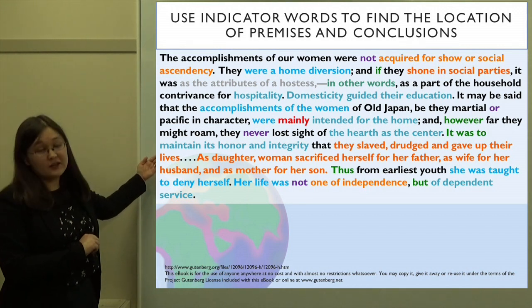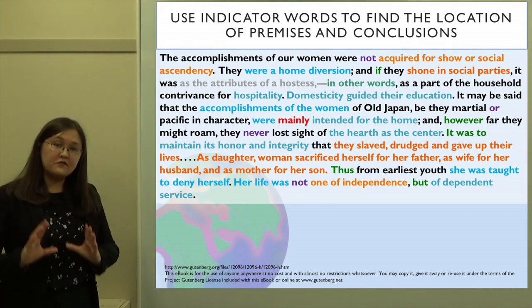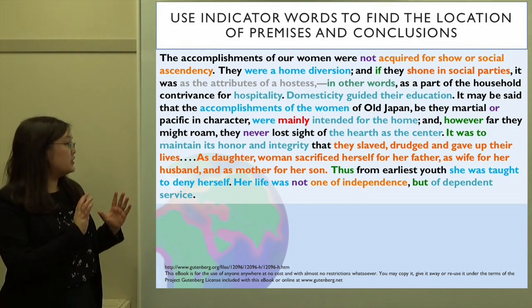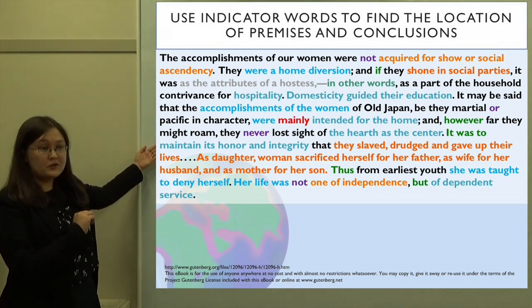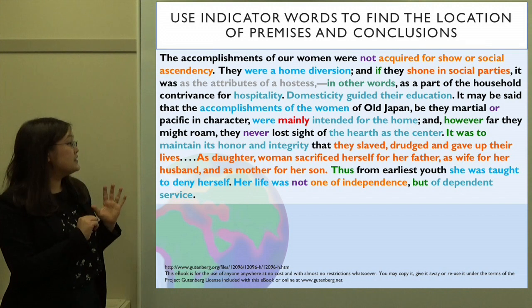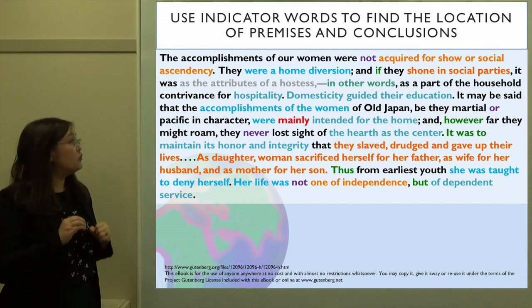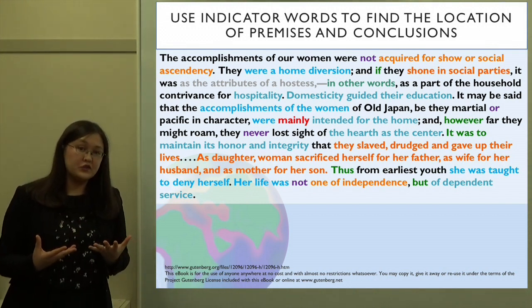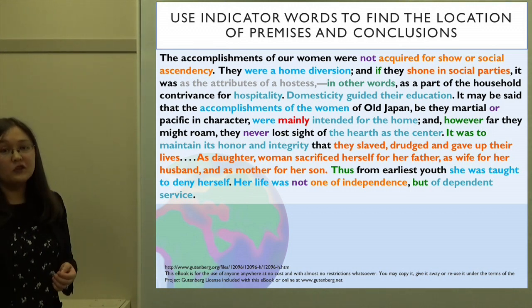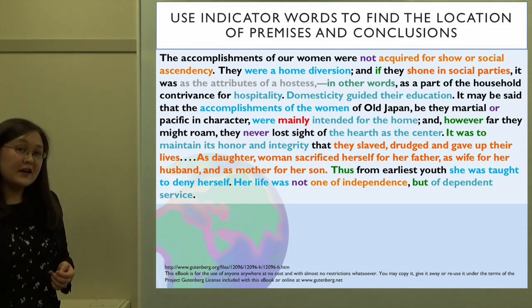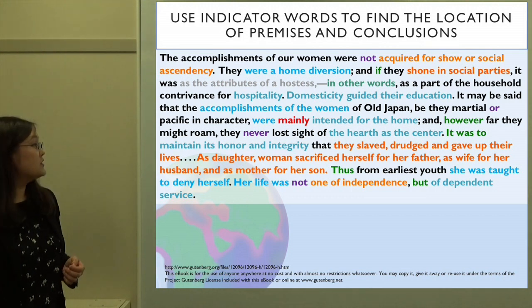Or here we have the word thus. So after thus will be the conclusion, and the sentence before that is the premise. So by using these indicator words like however or thus, we can find the location of the conclusions. Then we work backwards to find the location of the premises that lead us to those conclusions.